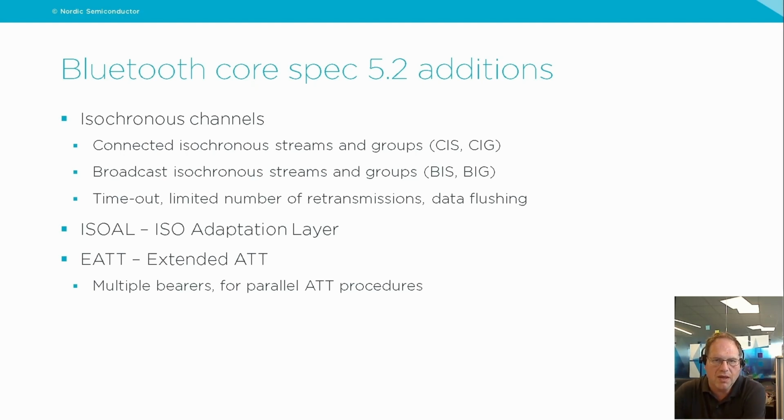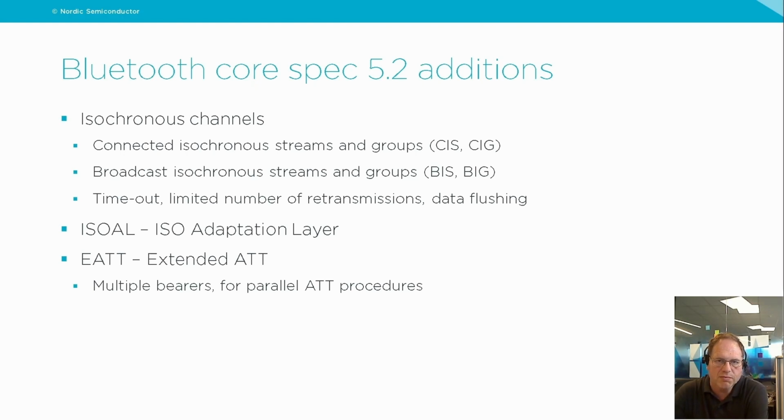Common to both the connected ISO and the broadcast ISO is that there is only a limited number of tries for each data packet. If they are not transmitted correctly within that time, the stream continues with new data.